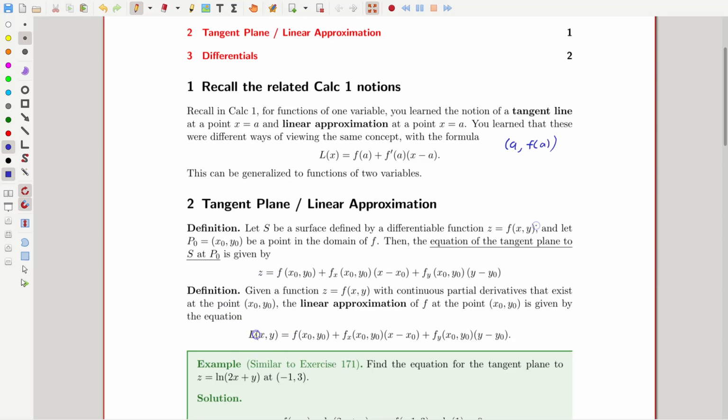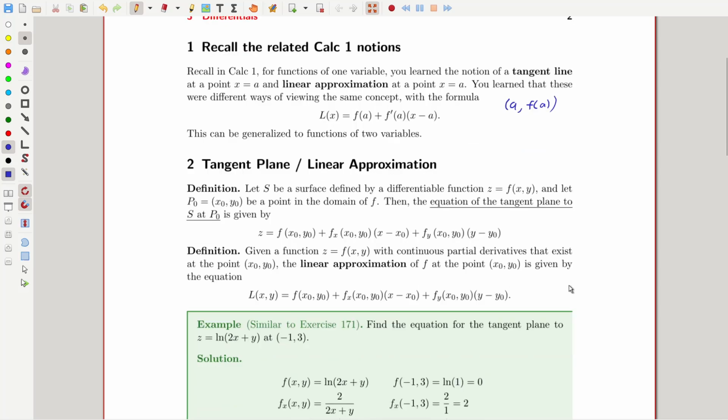We think of this whole thing, instead of geometrically, as a function whose inputs x and y are really close to convenient values x naught and y naught. Then this can be used to approximate the function f, as long as you're close to x naught comma y naught. It's the idea of linear approximation.